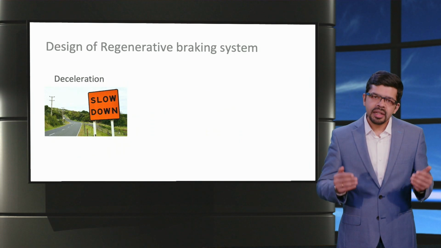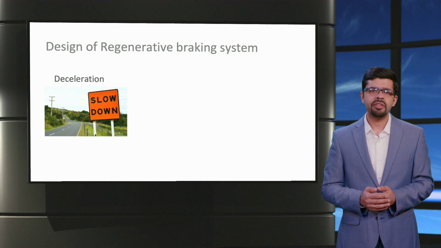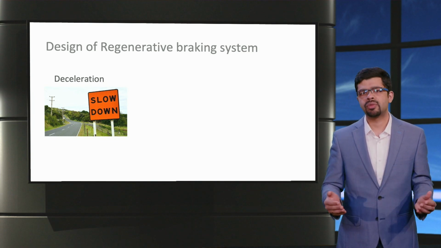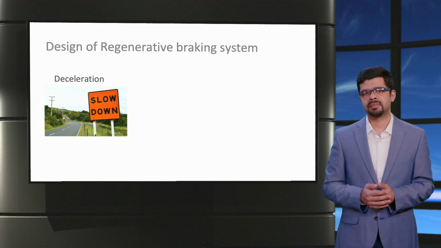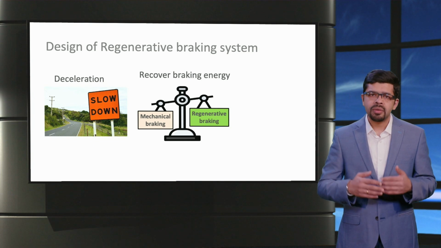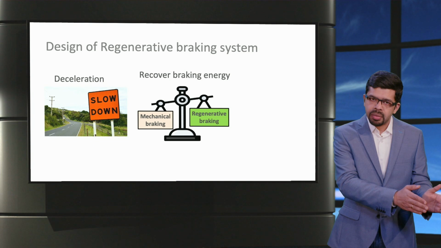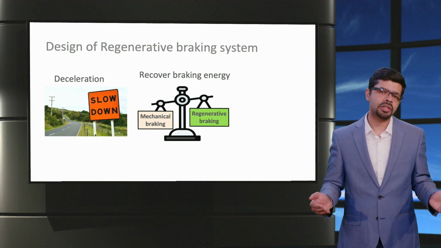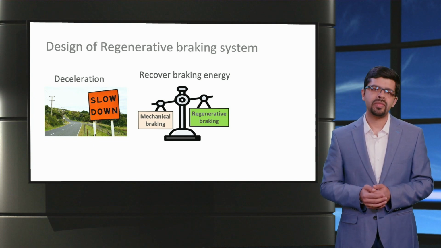There are several critical considerations for the design of the regenerative braking system. First, the braking system must produce the right amount of braking force to decelerate the vehicle according to the driver's needs. Second, how the braking forces should be distributed between regenerative braking and mechanical braking for various operating conditions must be investigated to recover as much energy as possible.